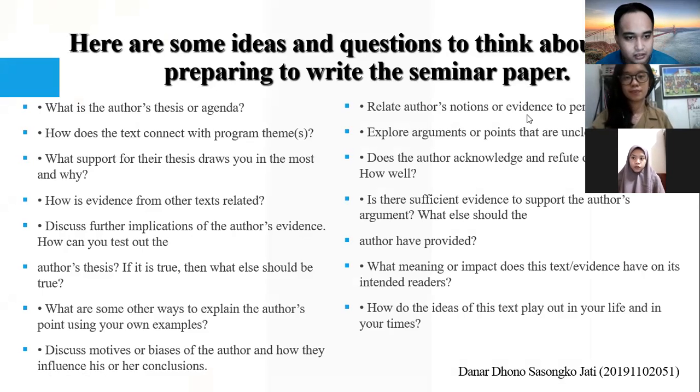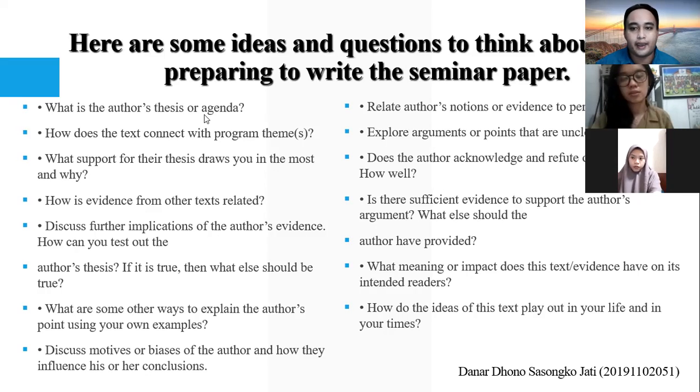Then what else should be true? What are some other ways to explain the author's point using your own examples? Discuss the motives or basis of the author and how they influence his or her conclusions, and relate the author's notions or evidence to personal experience. Explore arguments or points that are unclear or difficult.